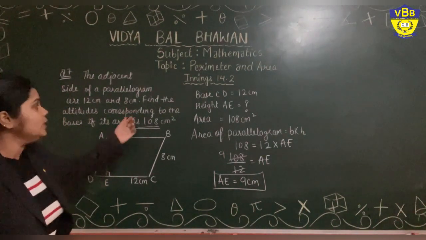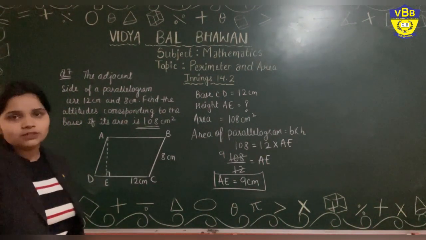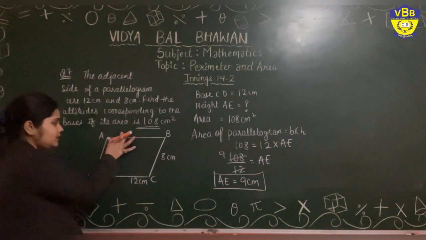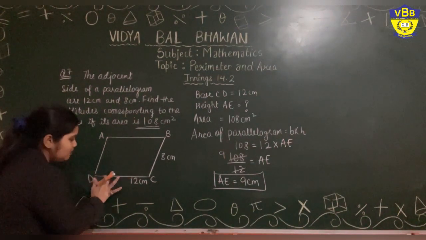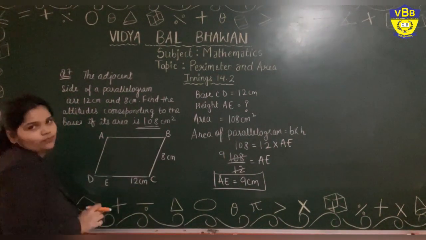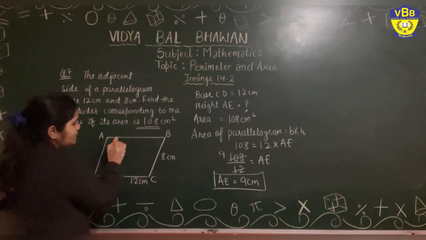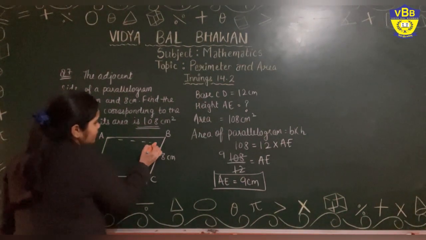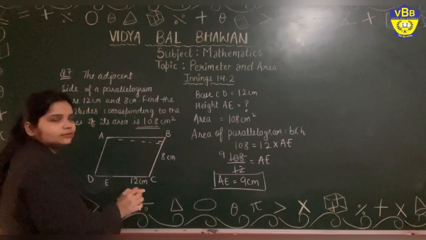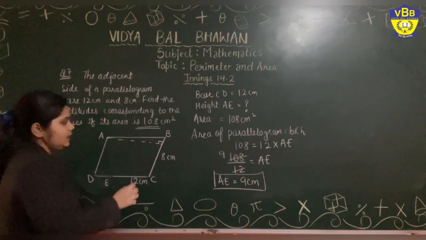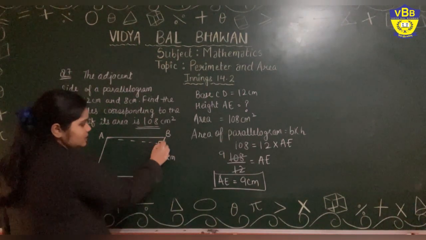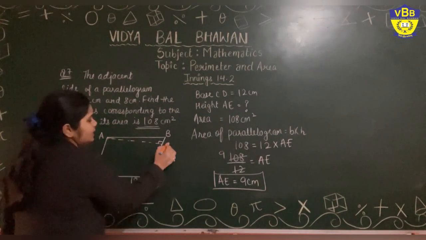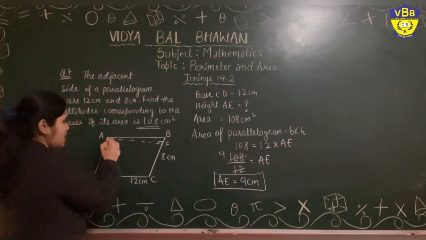Let's move to the next corresponding pair of base and height. Now if I talk about the base BC, its corresponding height will be this only. If this is the base and this is the height, let us suppose it is AF.